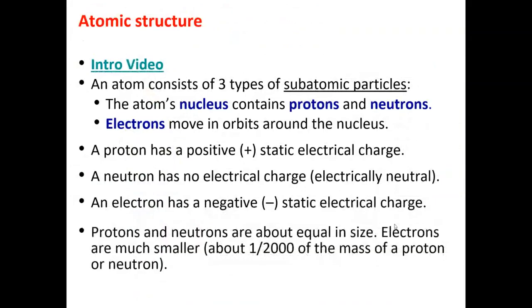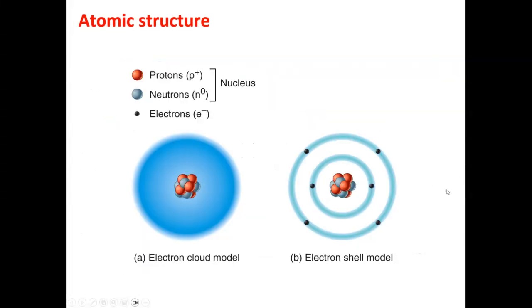I'm sorry, I'm skipping around a little bit. Protons, neutrons, and electrons. So let's look at a diagram of an atom. So here's two different diagrams of an atom. They look different, but they're showing the same thing, just in slightly different ways. So three particles. We call these subatomic particles: the protons, neutrons, and electrons.